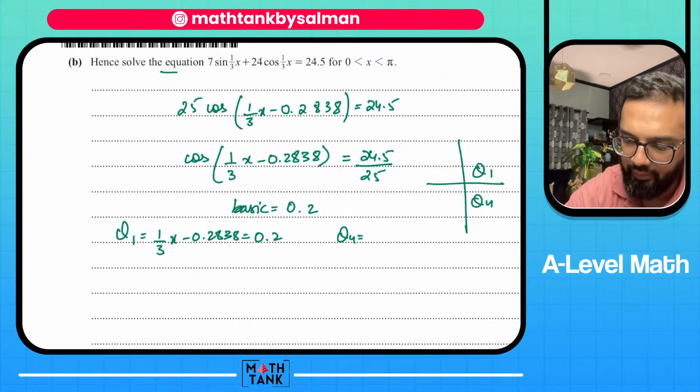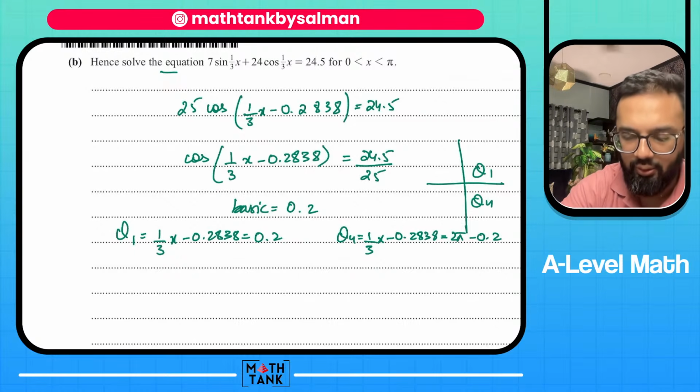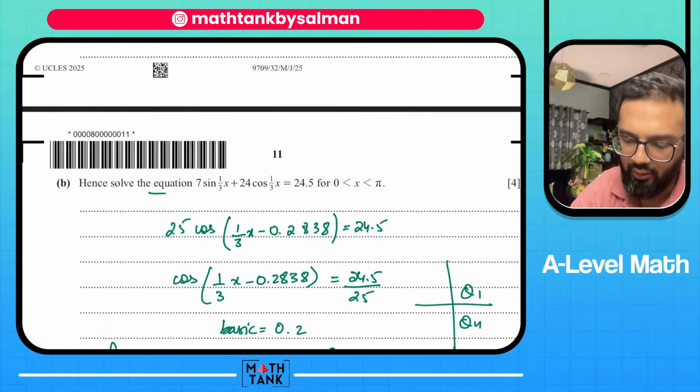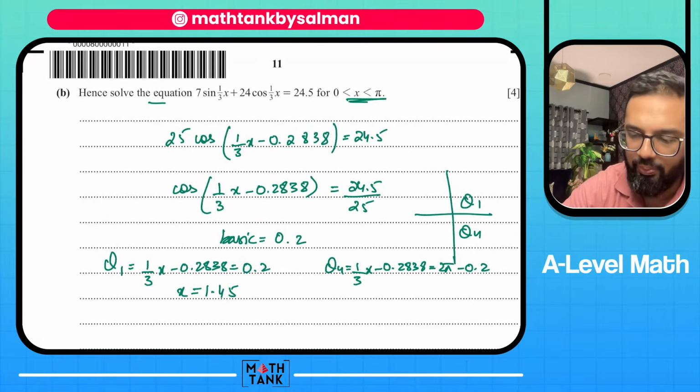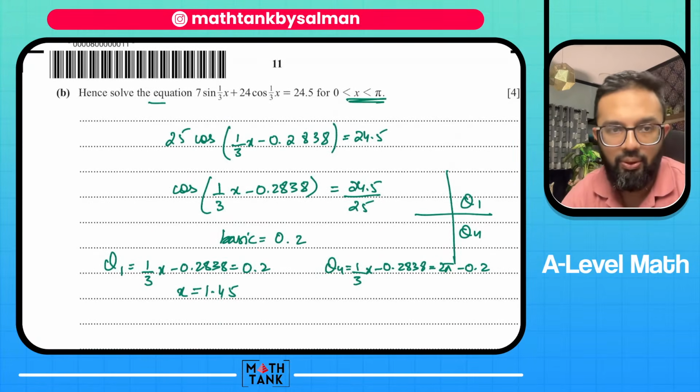Quadrant 4, 1/3 x equals 2 pi minus 0.2. Let's calculate 0.2 plus 0.2838 into 3. It gives me 1.45. So 0 to pi, so less than 3.142. That sounds like the correct answer.